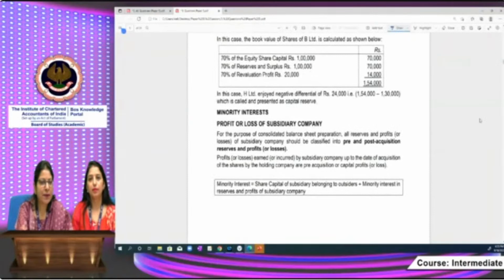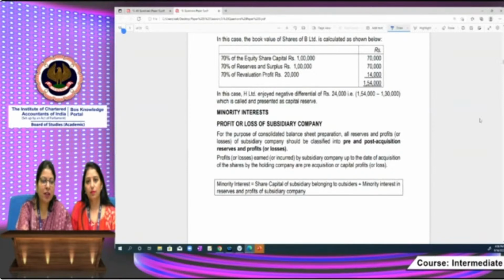So in any question of consolidation, there are 3-4 important aspects which are to be considered very carefully. Number one is minority interest, cost of control or capital reserve. Cost of control is to be calculated as the face value of the shares acquired plus the share in pre-acquisition profits or reserves of the subsidiary company, and that has to be deducted from the cost of investment, which is the price the holding company is paying for acquisition of those shares.